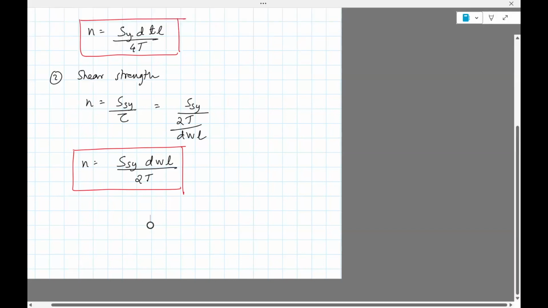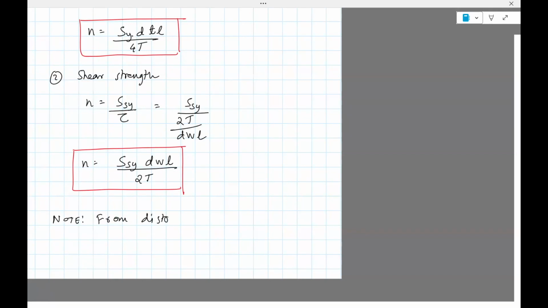Now, there's Sy here and Ssy. We actually had a relationship between them, if you look at the notes from distortion energy theory.